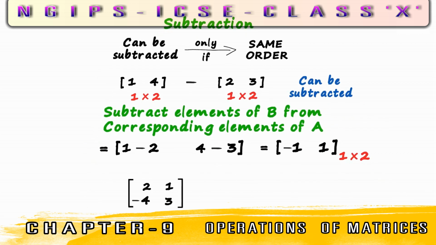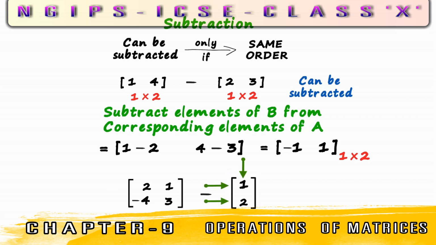Let's look at one more pair of matrices now. Subtract this matrix from this one. Try it out. To know if this matrix can be subtracted from this one, we first need to find the order of each. The first matrix has 2 rows and 2 columns. Its order will be 2 by 2. And the second matrix has 2 rows and 1 column.